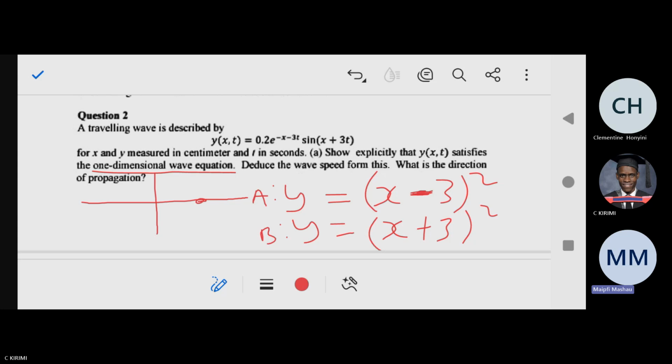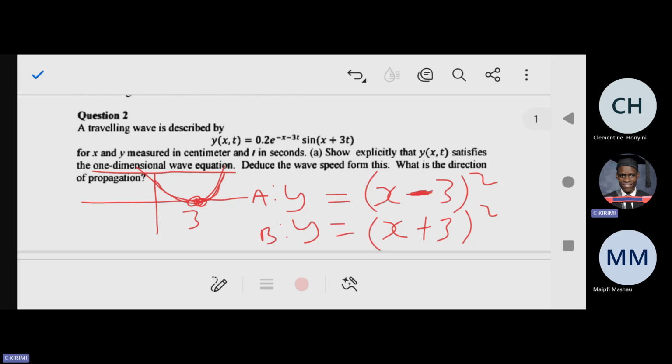Yes, which means your turning point is now at 3, instead of it being at the origin. The turning point is now 3 units to the right. It's the opposite. Where there is a minus x here, it's 3 units to the right. So that graph will be for A.